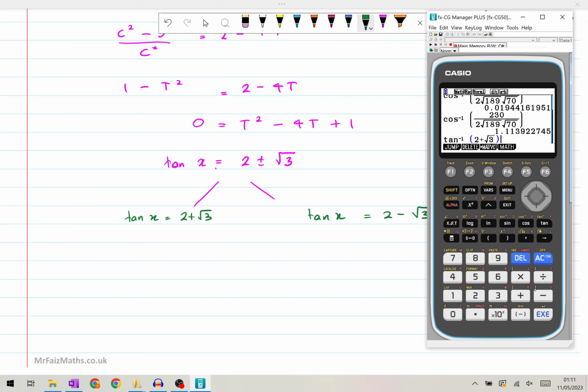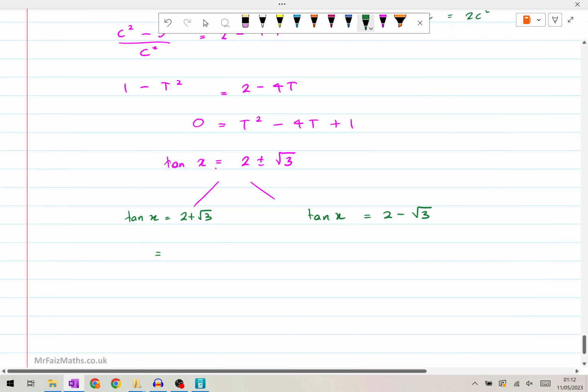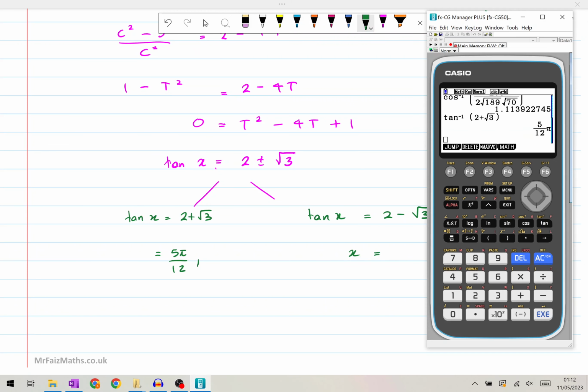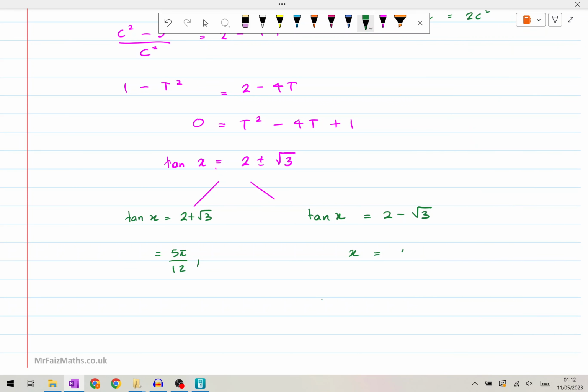Okay, so that's good. We get 5 pi over 12 for this. There are other solutions to this, but I just want to solve this bit on the calculator as well. So let's just change this to 2 minus root 3. Okay, so that gives us pi over 12.